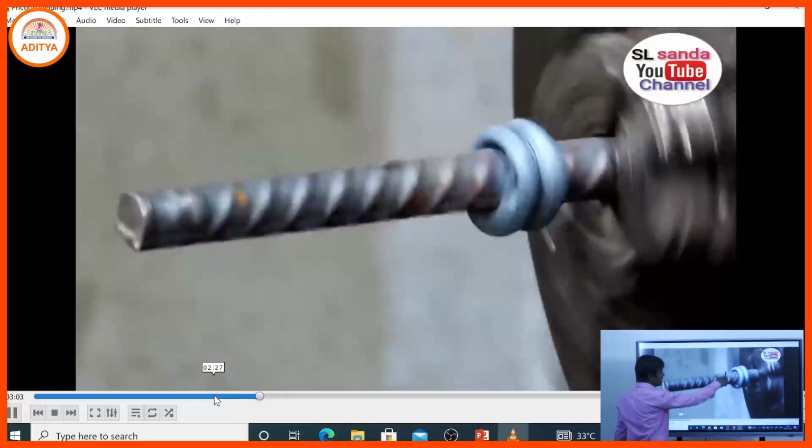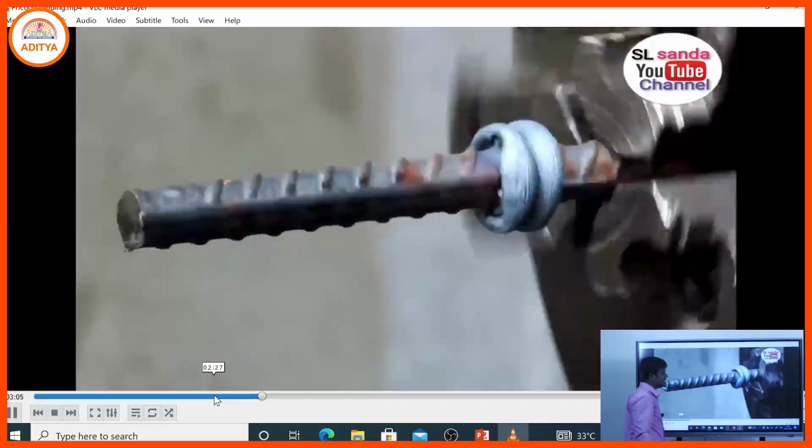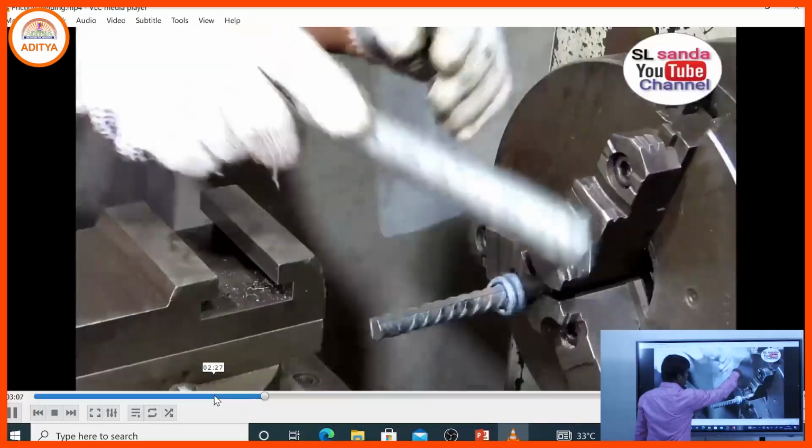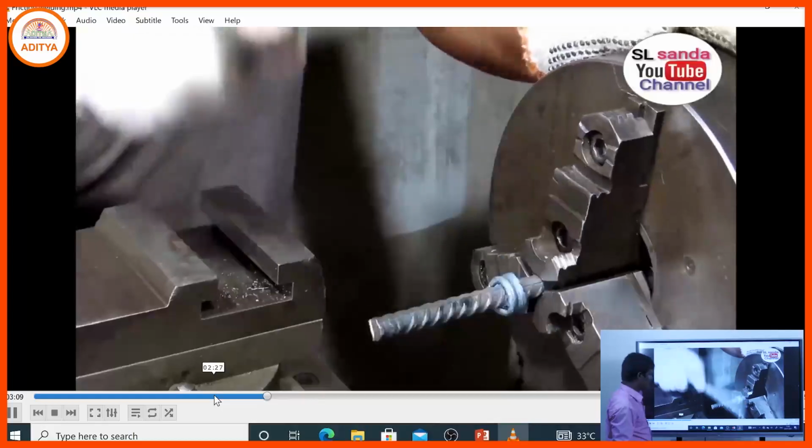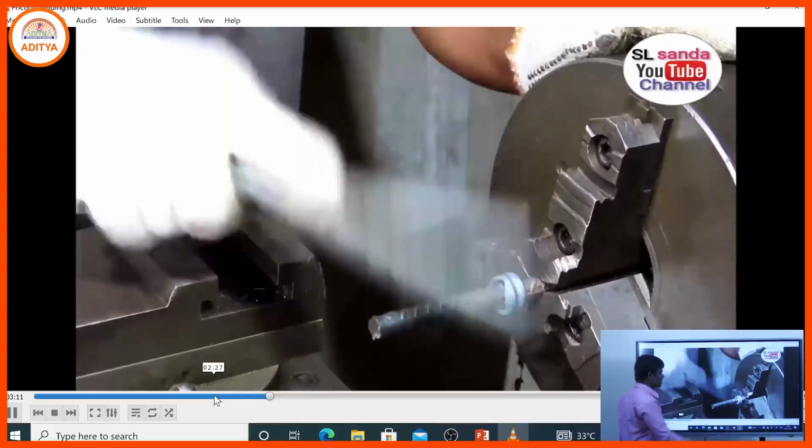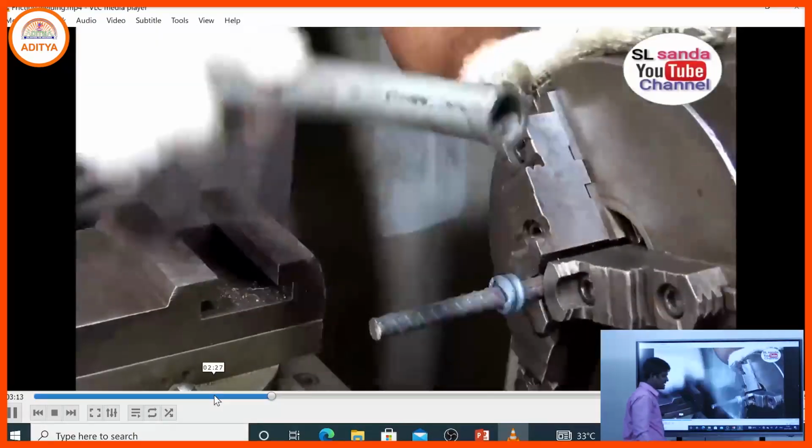And on that portion we do some machining operation for removing parts also. Using a chipping hammer we remove some other extra material.